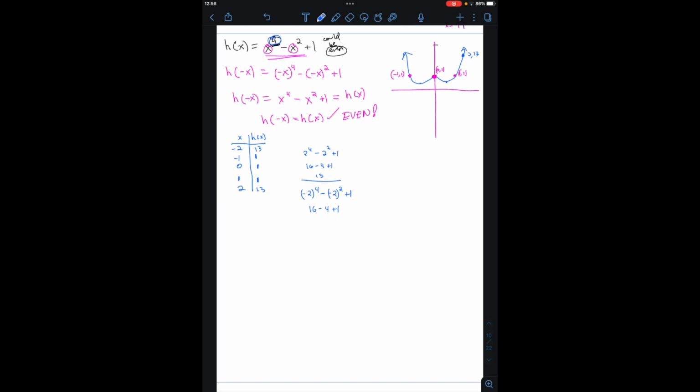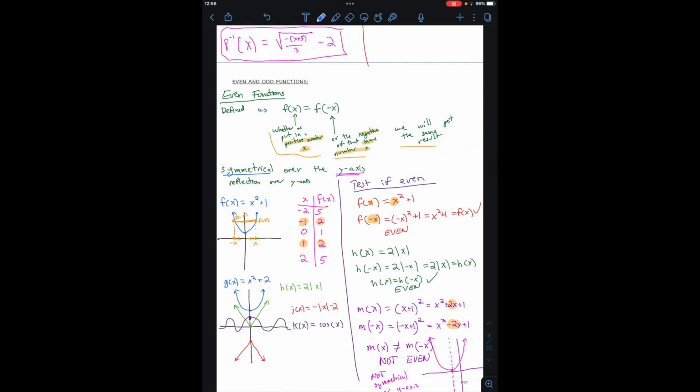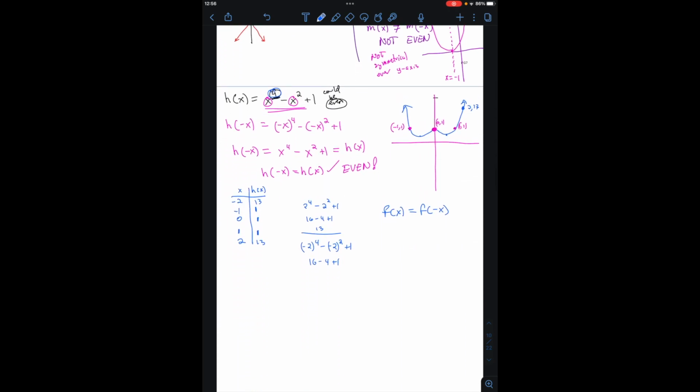So there are the ideas of the even function: f of x equals f of negative x. The whole point is, regardless of whether we put in a positive number for x or the negative of that same number, we will get the same result, creating a symmetry over the y-axis. And you can see that symmetry in this table of values if you plot it out. So that's an even function.